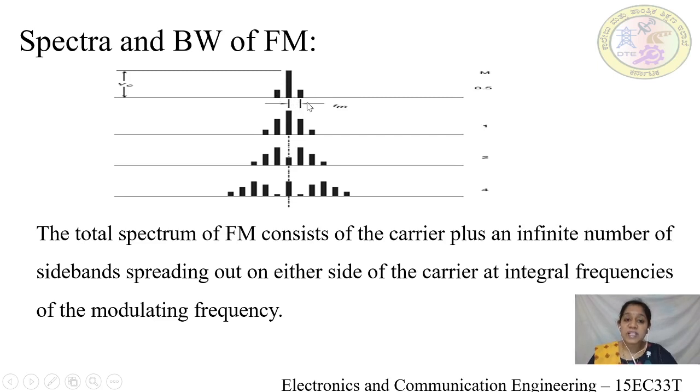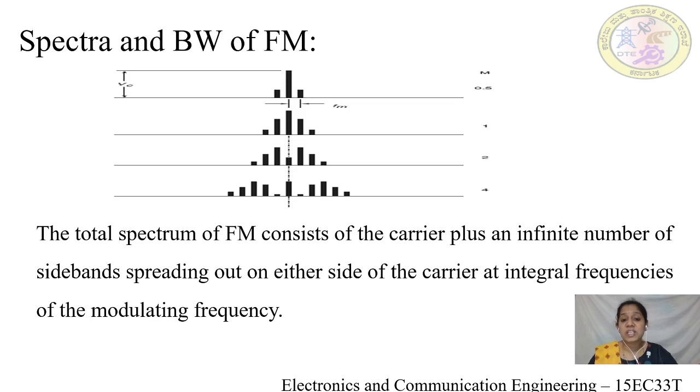Now, if we consider a narrowband FM, it may have a carrier and two sidebands on either side of the carrier that are spaced at the modulating frequency fm. If we increase the modulation index, then another set of sidebands is generated on either side of the carrier frequency, spaced at 2 times fm.